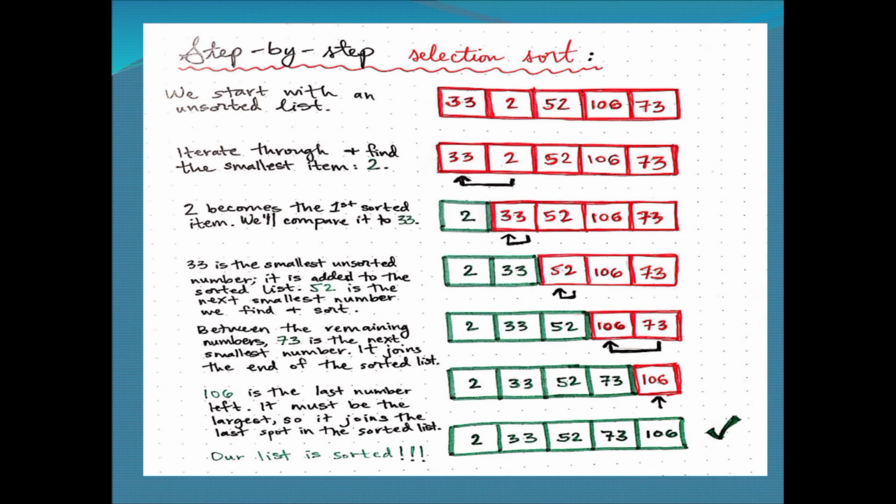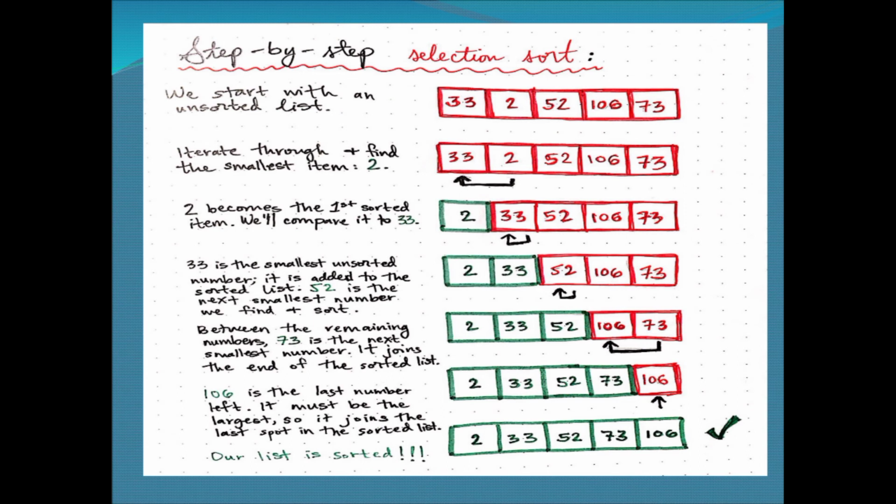see, step by step selection sort procedure. You can also write it as a descriptive algorithm. See, here I have written the process for performing the selection sort algorithm clearly. Here I am given a set of numbers, that is 33, 2, 52, 106 and 73.